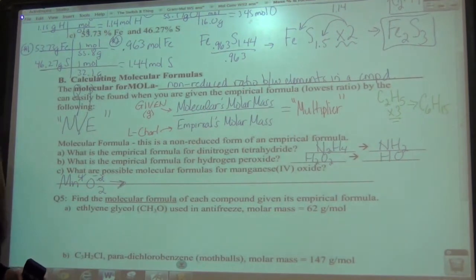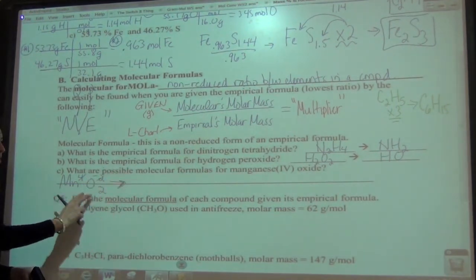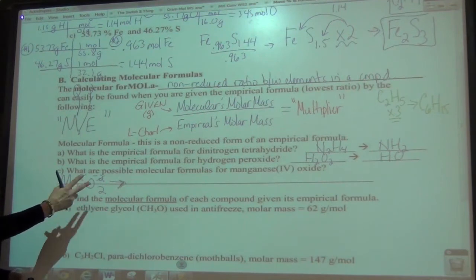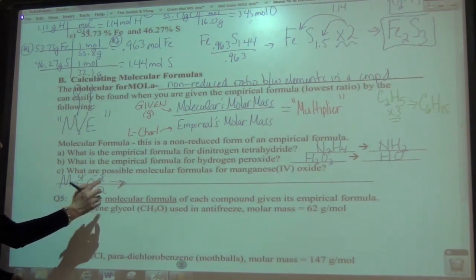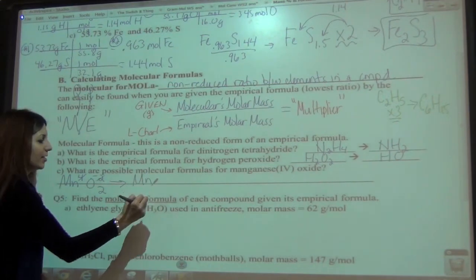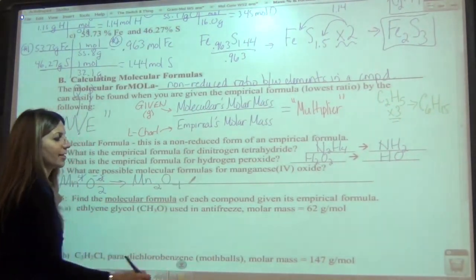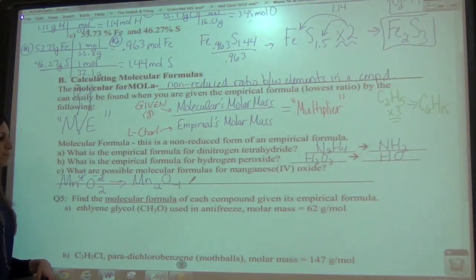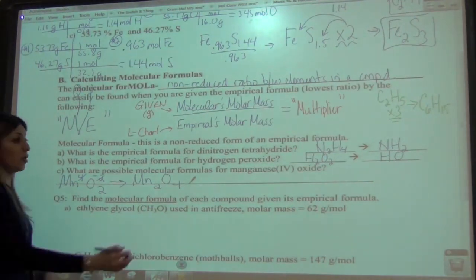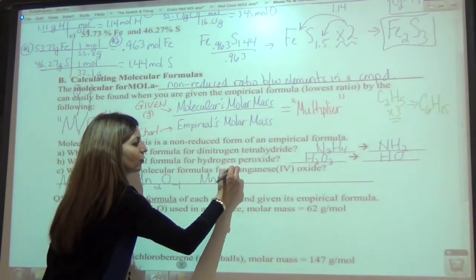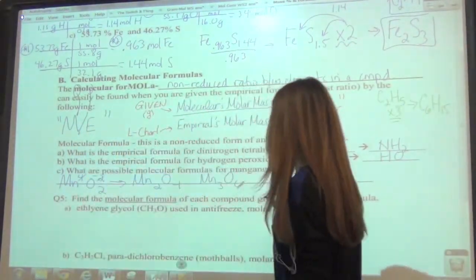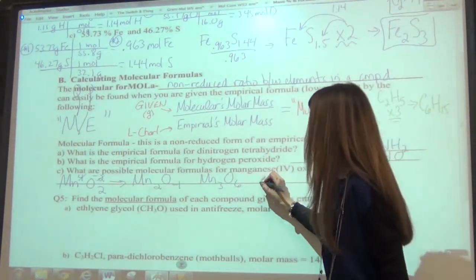If I wanted a molecular formula, I could multiply by any number and it will still reduce back to this empirical. So for example, if we multiplied it by 2, what would we get? Mn2O4. What if we multiplied it by 3? What would we get? Mn3O6. What if you multiplied it by 10? What would you get?